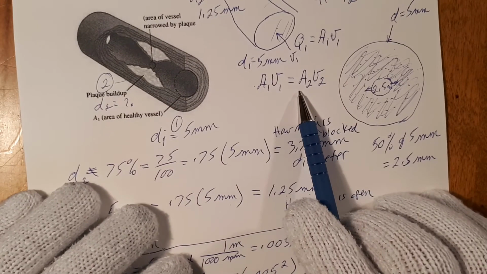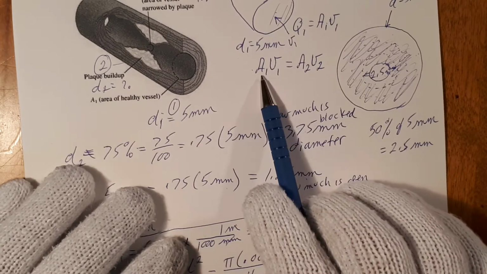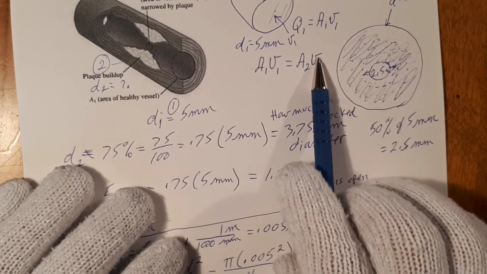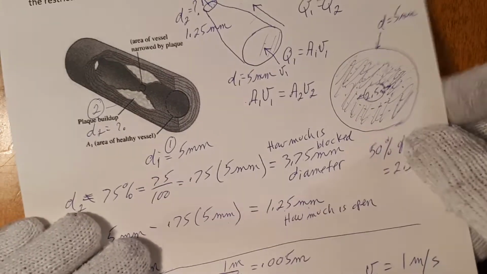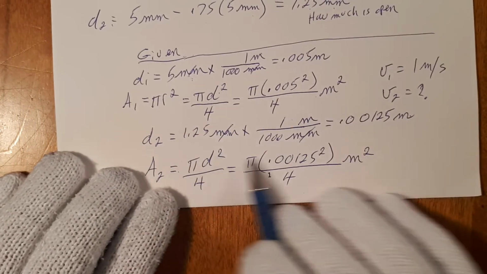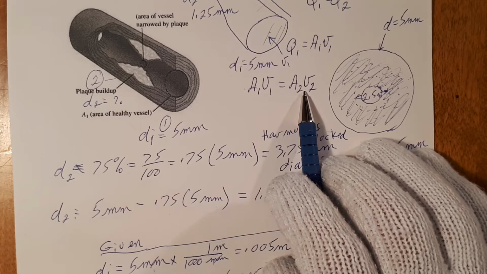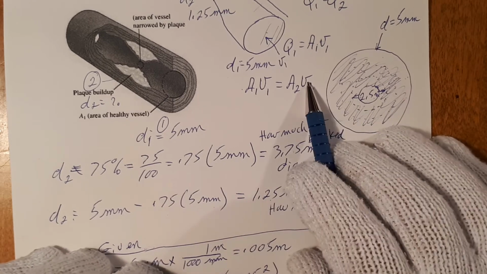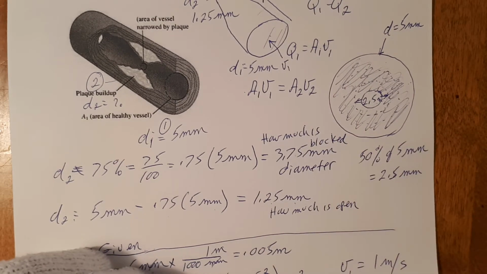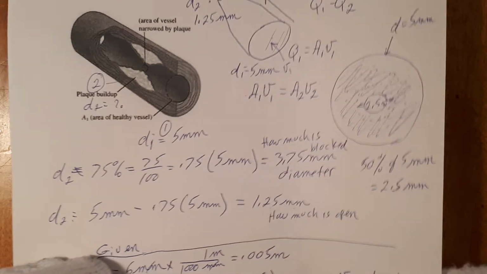Here's our equation of continuity. We've now calculated the areas, and we know what the velocities are. It's a matter of putting all of this, A1, A2, v1, v2, into our equation and solving for v2. I'm just going to turn the page and do just that.